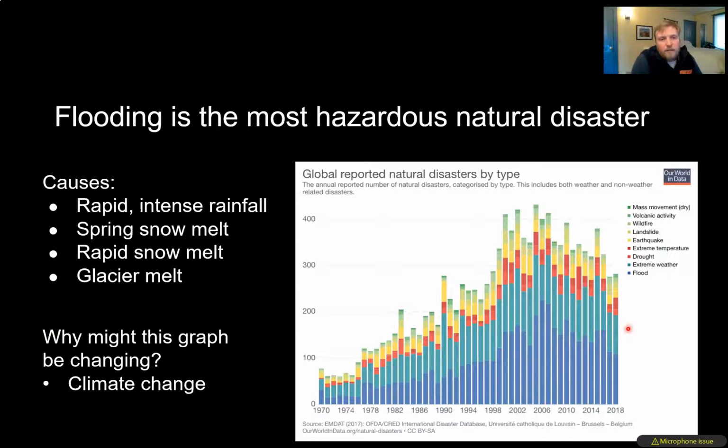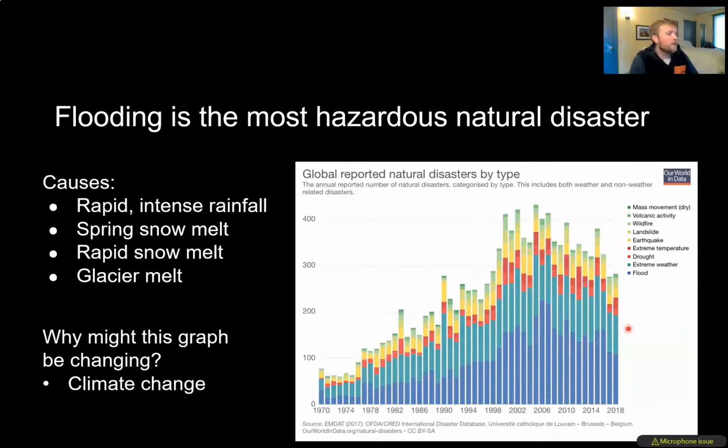So flooding, right, is actually our most hazardous natural disaster for humans. So far in this class we've talked about volcanic eruptions, and when that does happen and there are humans nearby, it can be totally devastating, like in Pompeii or Mount St. Helens. But by far the largest hazard for humans is related to flooding.